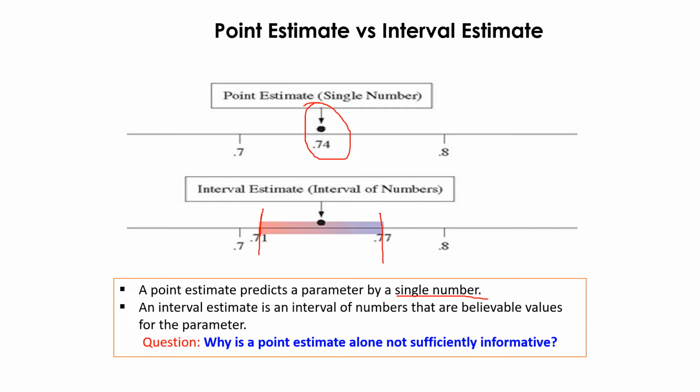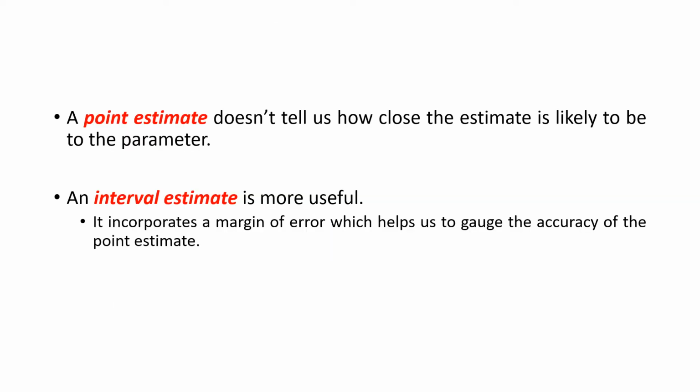Why is a point estimate alone not sufficiently informative? A point estimate doesn't tell us how close the estimate is likely to be to the parameter.